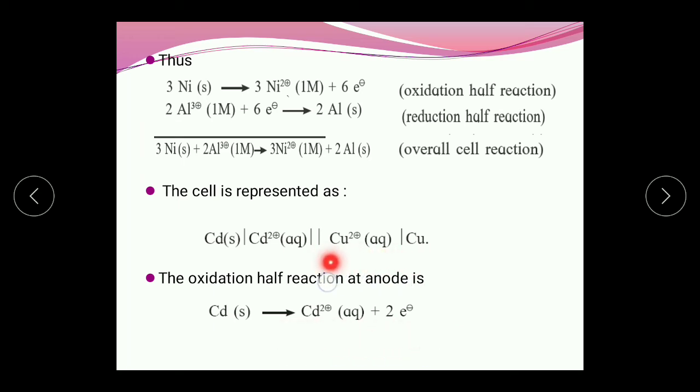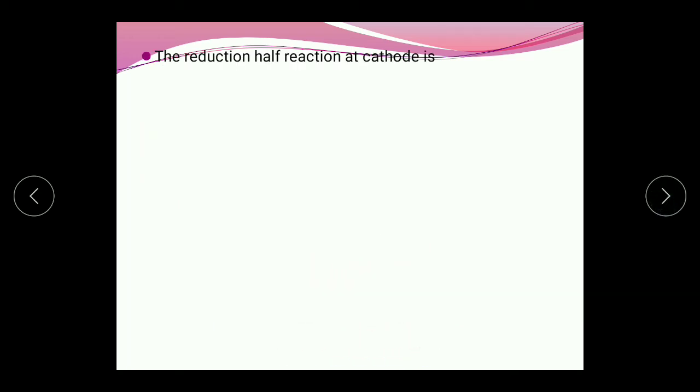In the same way, at the cathode, Cu²⁺ ions will get converted into Cu like this. So, Cu²⁺, how will it convert into Cu? By accepting 2 electrons. The positive charges must be balanced by negative to get neutral copper. So, Cu²⁺ will accept 2 electrons to get converted into solid Cu.